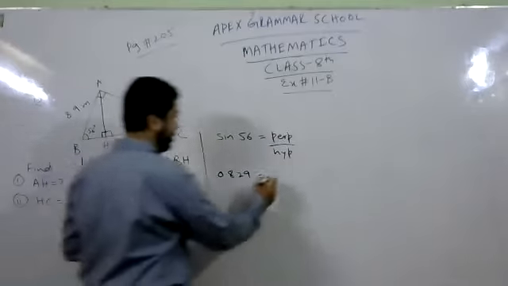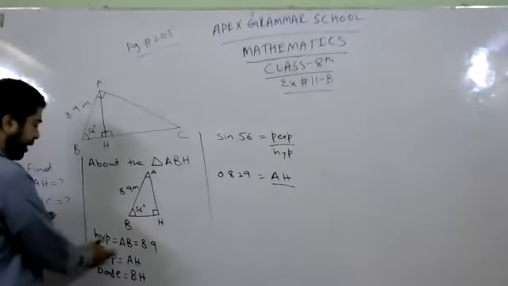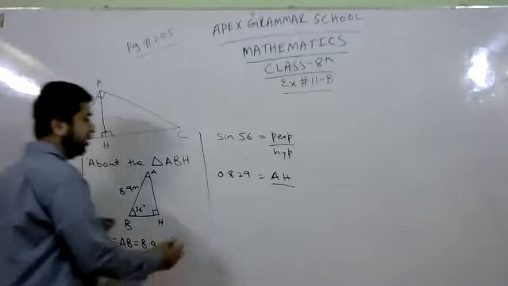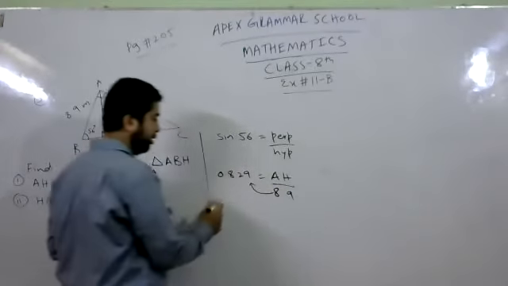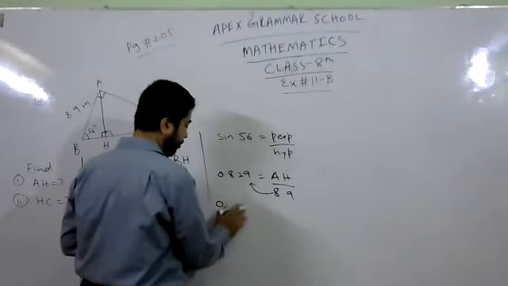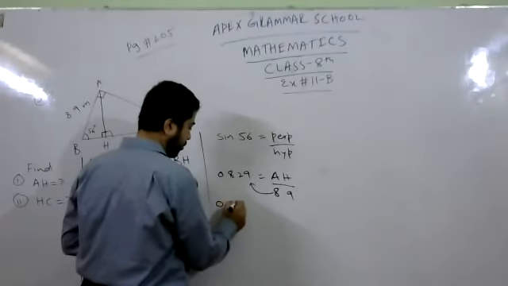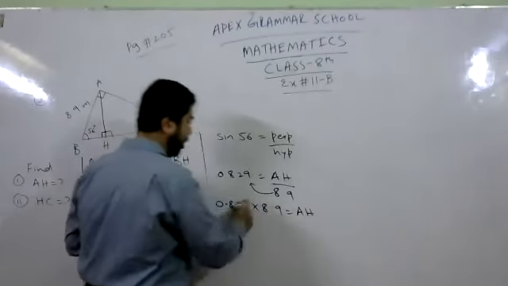Perpendicular is AH, and hypotenuse is AD, which is 8.9. Now we multiply 8.9 by 0.829, and that is equal to AH.